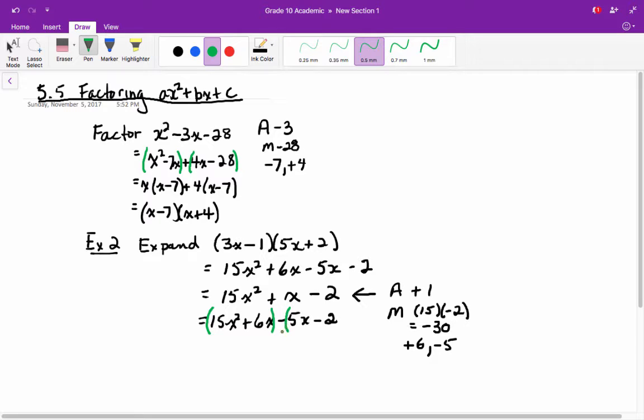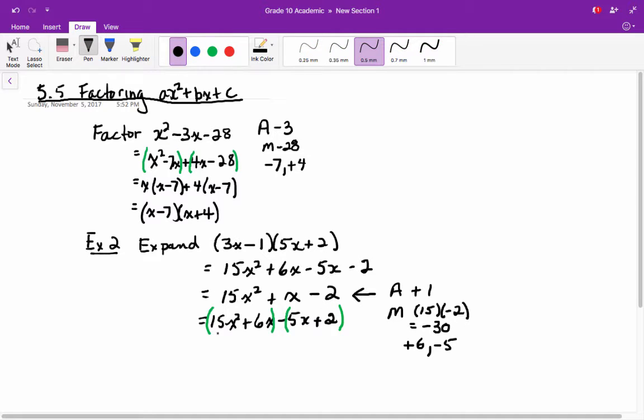However, because of the minus sign in front of this bracket, it will affect all of the signs in the bracket. So this minus 2 needs to switch to a plus 2. And we're going to complete the right bracket. Now we're going to common factor each of the groups. And hopefully we're going to end up with what we started with, which was the factored version of this trinomial.